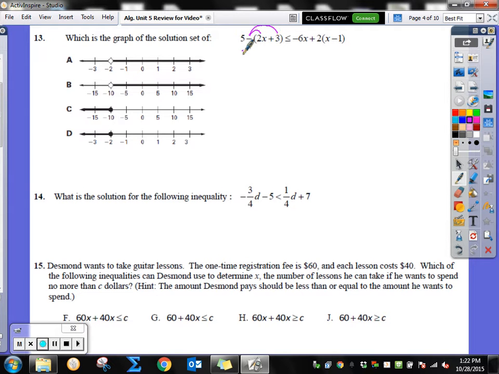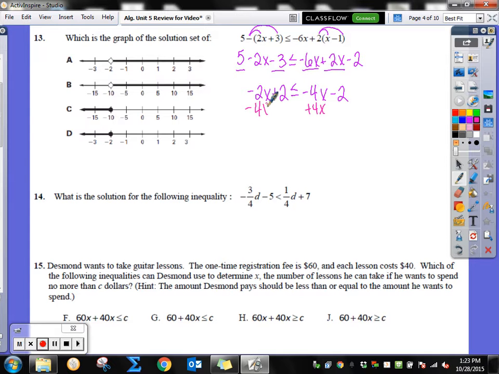So we would have 5 minus 2x minus 3 is less than or equal to, and I'm going to have to distribute on this side, negative 6x plus 2x minus 2. So then we have negative 2x plus 2 is less than or equal to, got to combine like terms, negative 4x minus 2. I'm going to plus 4x.